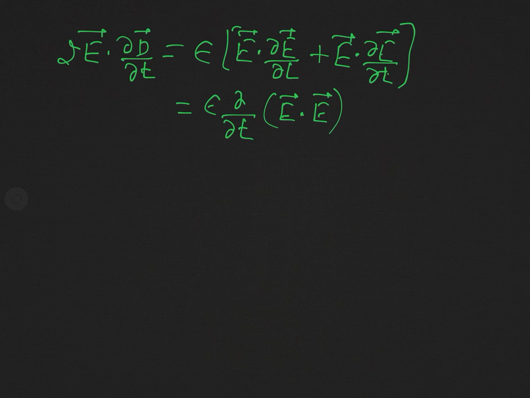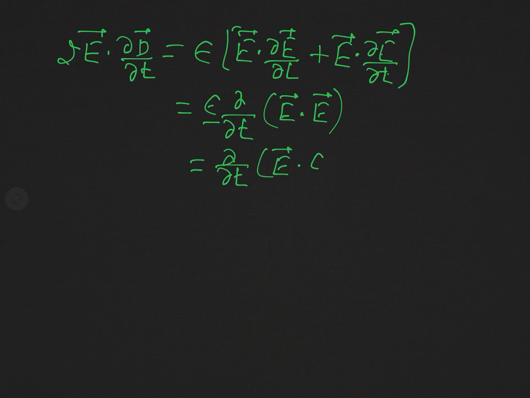This will be E dot del E by del T plus the second factor E dot del E by del T. And again, if we multiply this constant epsilon with one of the E, because it is a constant, we can write it inside the operator.